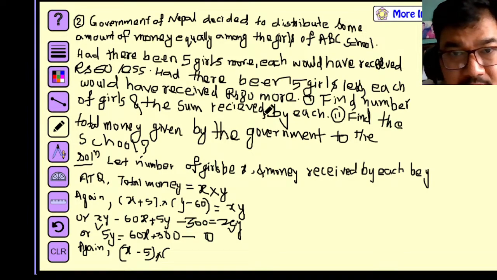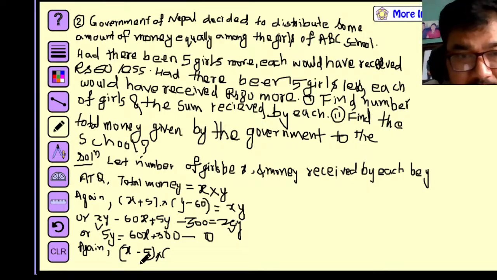It would have received rupees 80 more, yes? If 5 girls less, the amount of money received is how much? Received 80 more. That means y plus 80 will be here.